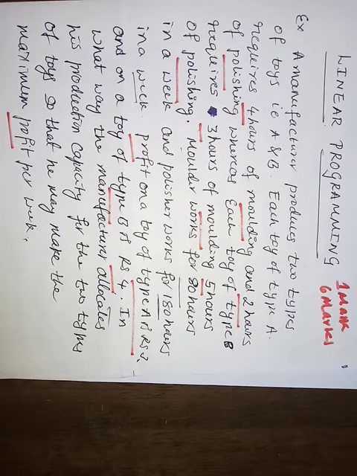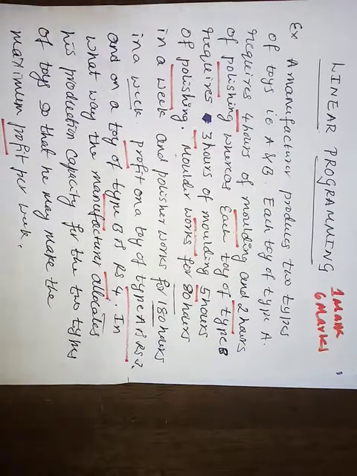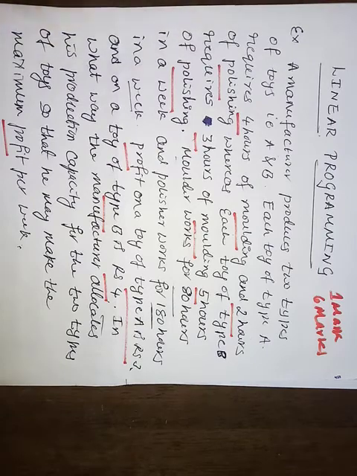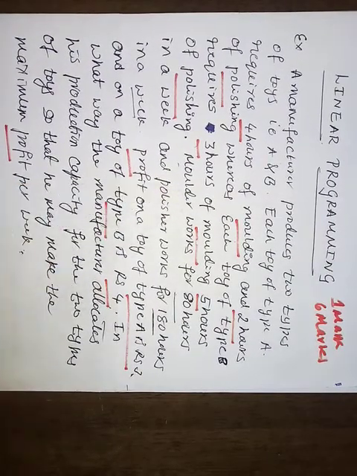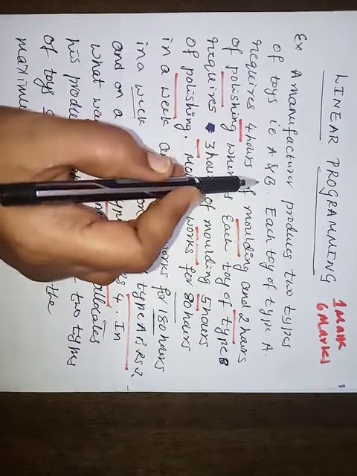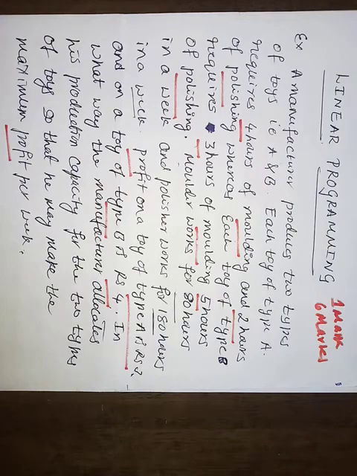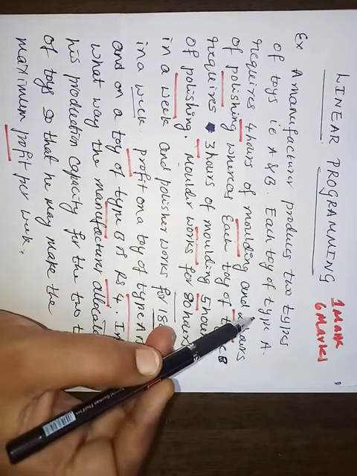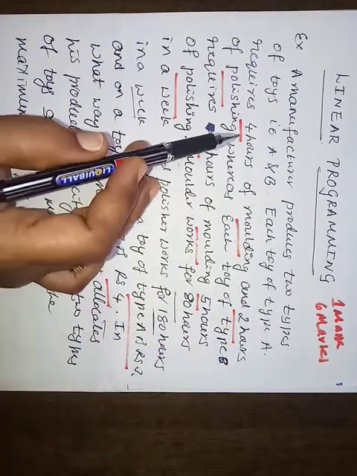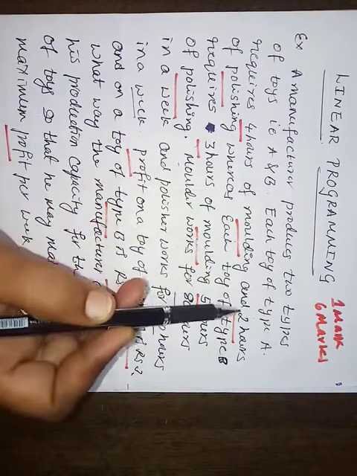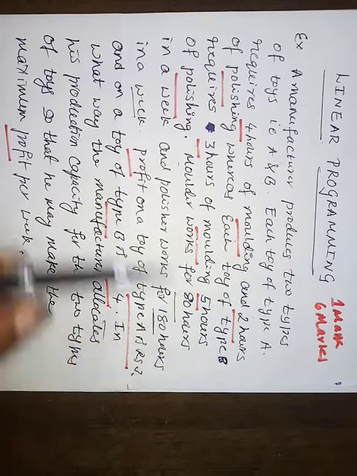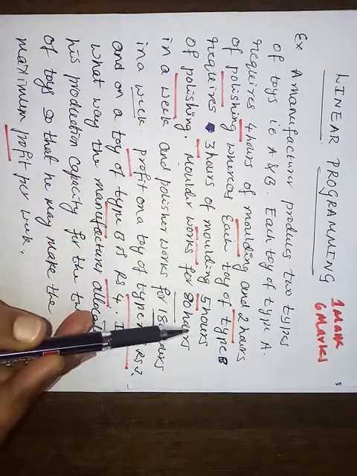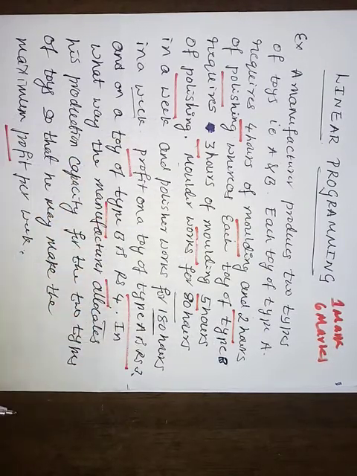Okay, this is the example given. See, a manufacturer produces how many types of toys? Two types of toys, named A and B. Type A requires 4 hours of molding and 2 hours of polishing. Type B requires 3 hours of molding and 5 hours of polishing.